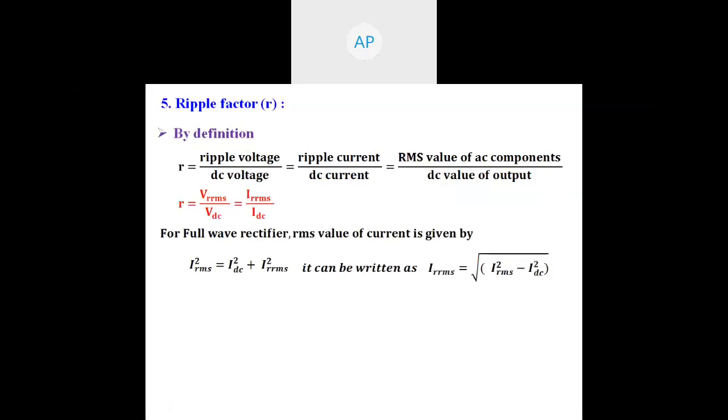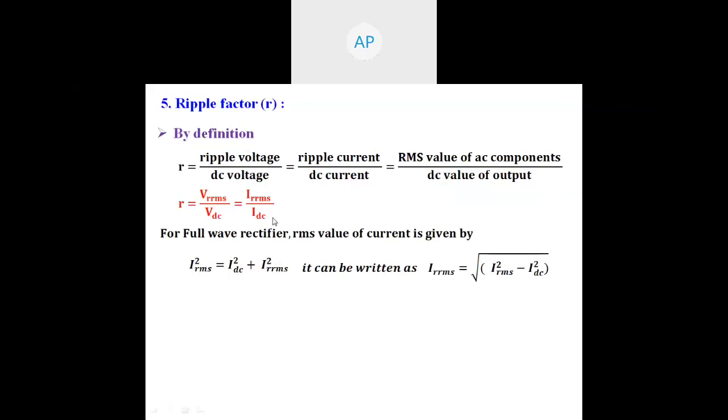So we will find that for the full wave rectifier by considering the same analysis as for the half wave rectifier. The RMS value squared is equal to IDC squared plus the RMS value of the ripple squared, and since we are interested in the ripple, we will slightly rearrange. So you will have the ripple equal to the square root of IRMS squared minus IDC squared. If we divide this expression by IDC, you will have the ripple factor.